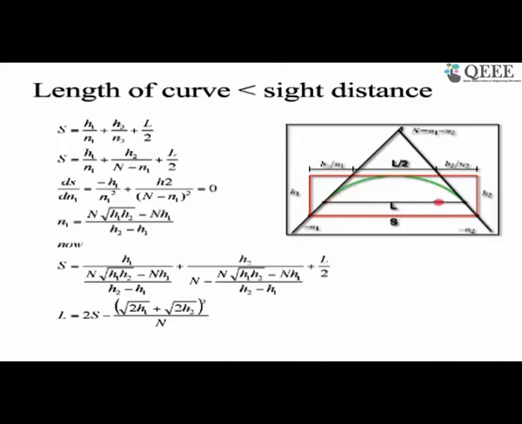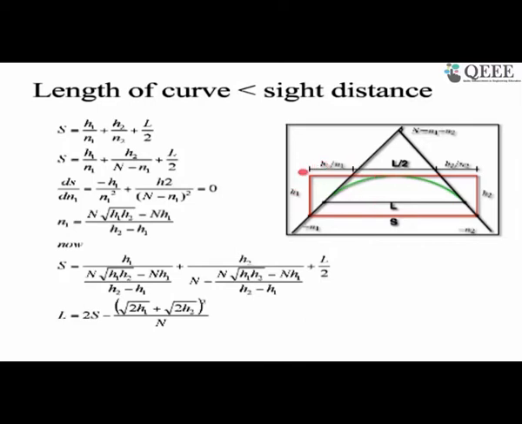According to the parabola property, if we draw a tangent here, this distance is actually half of the total distance of the parabola. So this is L by 2. Now we need to find out this one. We know the slope on this side is N1. So this is nothing but the height difference H1, which is someone's eye height.